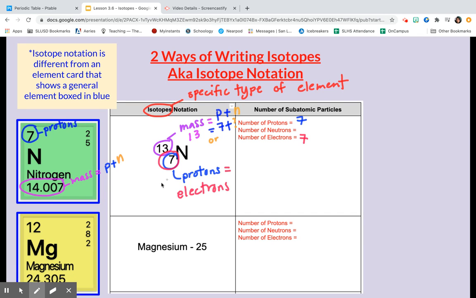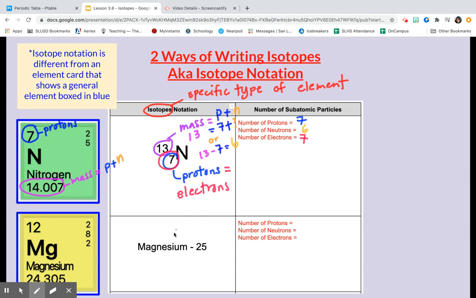Or I can do 13 minus 7 to give me the number of neutrons, right? So in this case, it would be 6. So here I have 6 neutrons, right? So in this version, it's pretty much the same as what we did before in previous lessons, except the bottom number is now on top and the top number is now on the bottom, right?